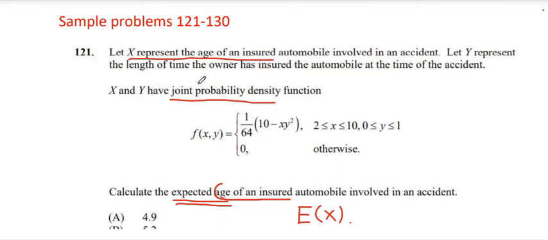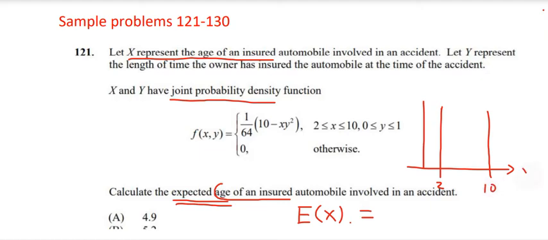To find E[X], we can use double integration or single integration. Let's use double integration first. The range for x is from 2 to 10, and y is from 0 to 1.